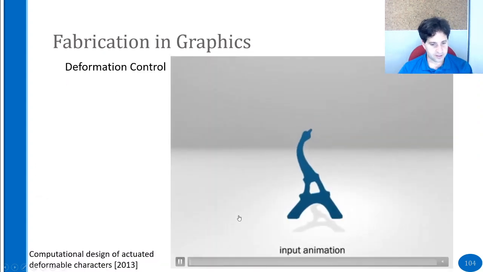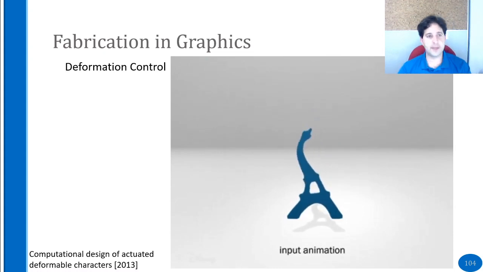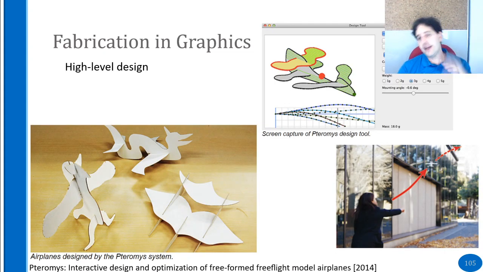An example is this one that I don't think I'll go into in the interest of time, but what I think is the most exciting type of works that the graphics and geometry communities have contributed to this world of fabrication is what we call high-level design.